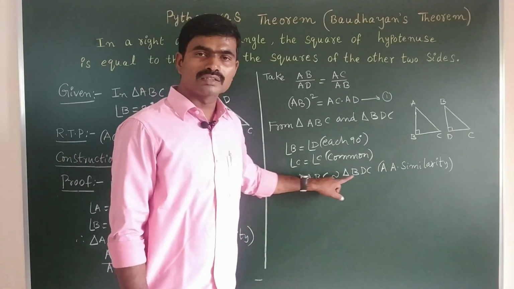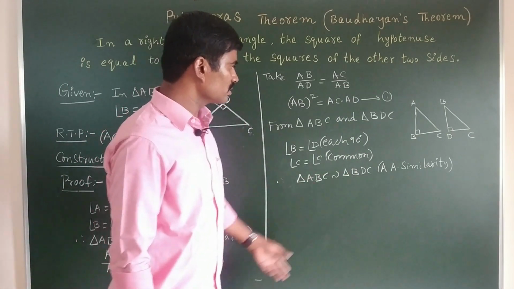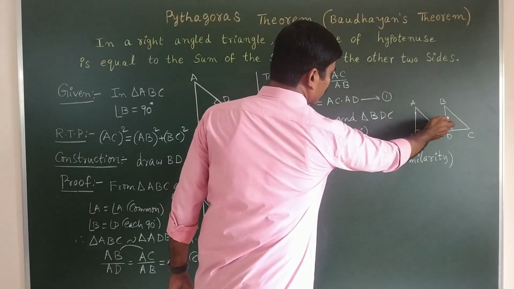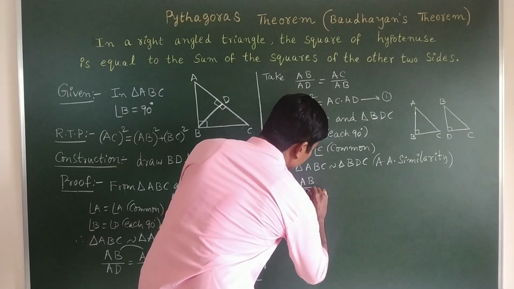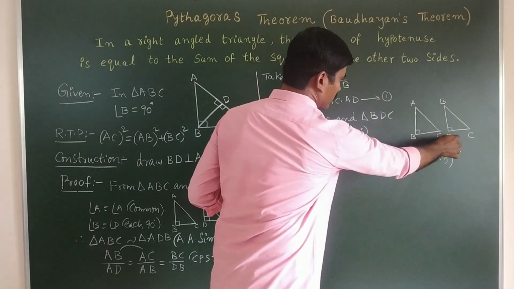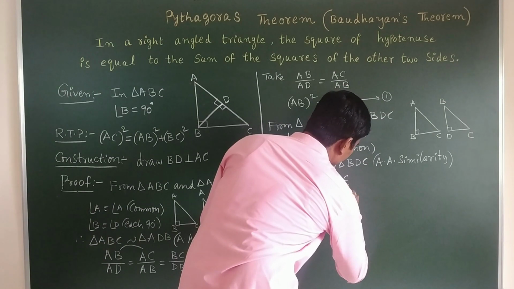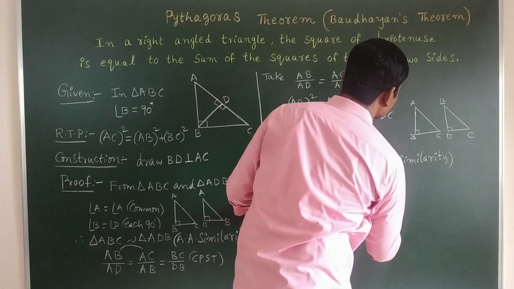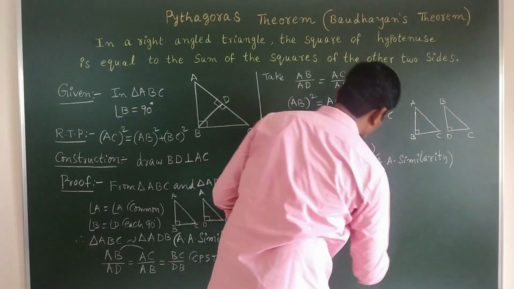If two triangles are similar, then corresponding sides are in the same ratio. Take the corresponding sides. AB's corresponding side is BD, so AB by BD equals BC by DC, and AC's corresponding side is BC.